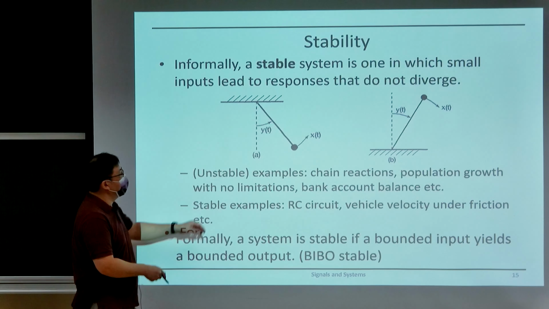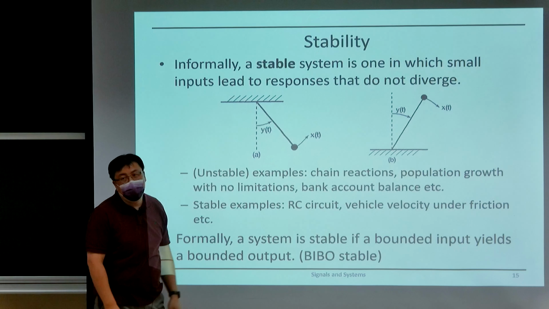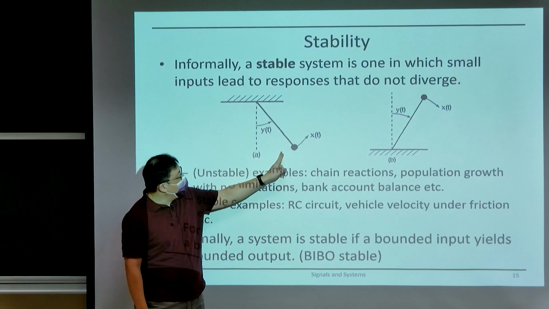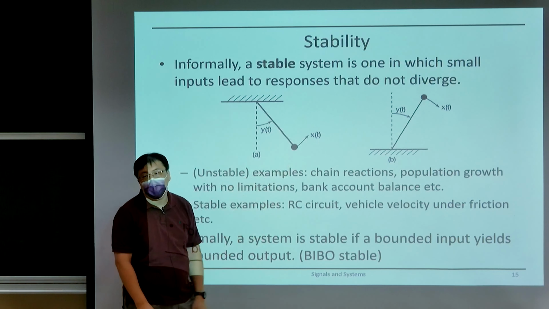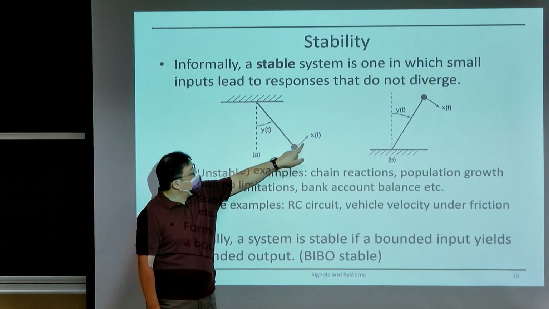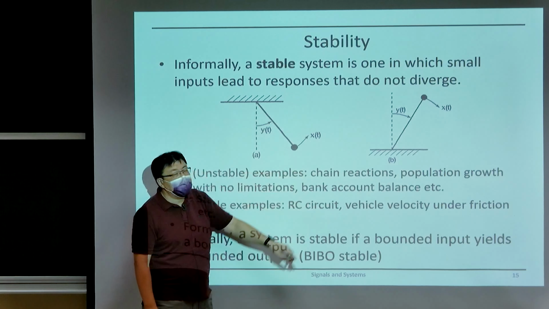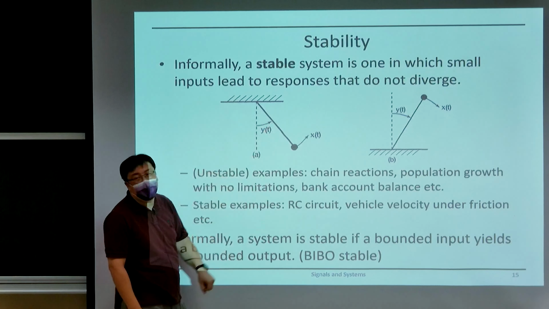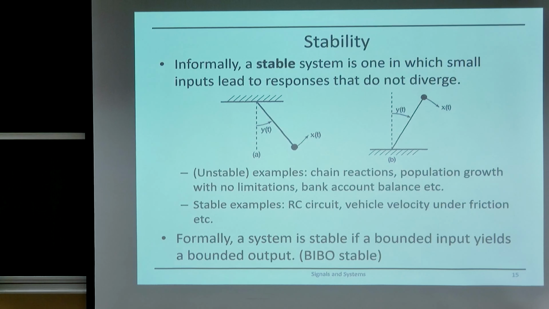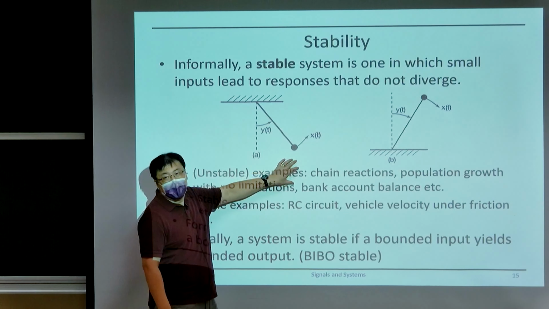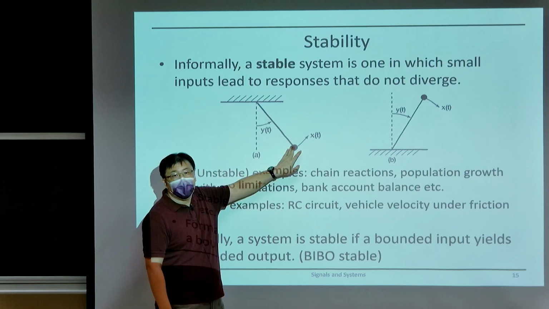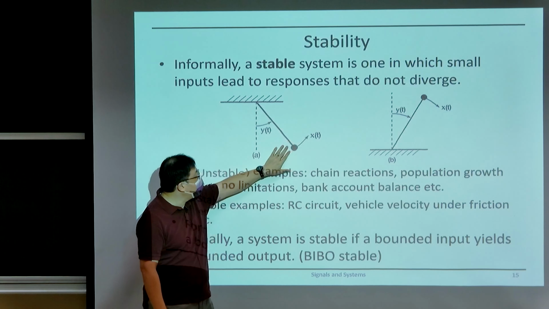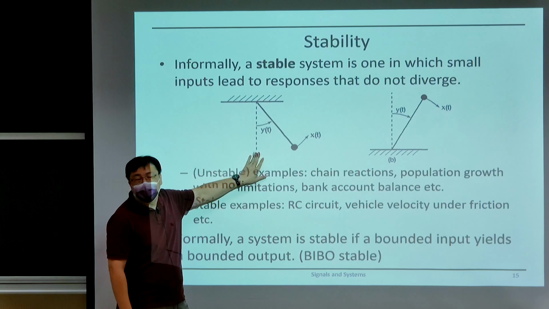If you have this pendulum hanging down, and you impose a very small force on this pendulum, and suppose that the input, this force, is x of t, and the output is this angle y of t. Because of gravity, when you impose a small force on this pendulum, it will still tend to come back down to its original position.